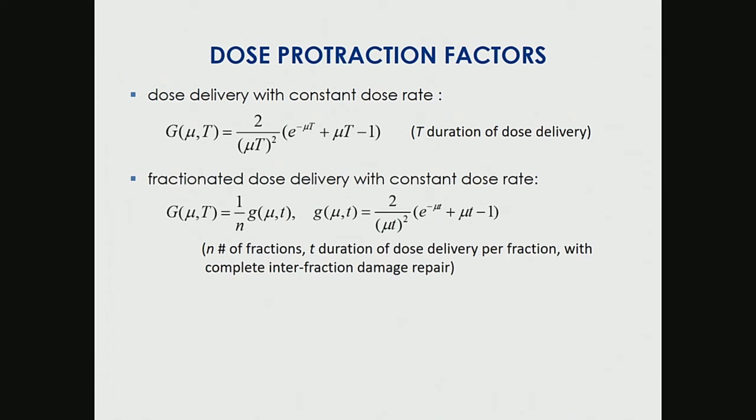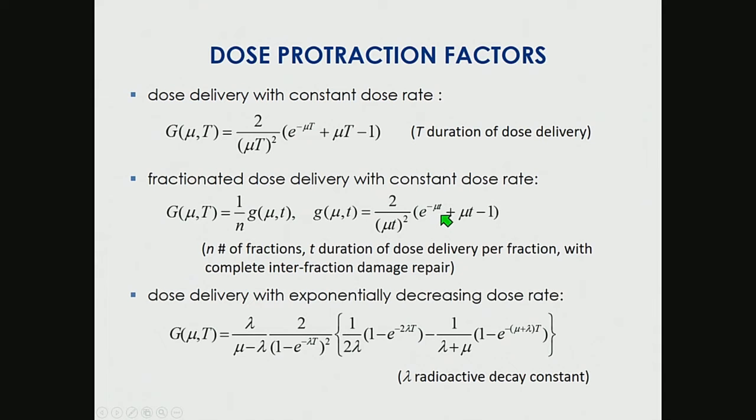And when we deliver it in a fractionated fashion, and the delivery time for each fraction is not instantaneous, then this dose protraction factor appears like this. We're going to talk about this in Wednesday's talk, and this in Tuesday's talk for HDR brachytherapy. This is for GYN brachytherapy biology. And we also showed this yesterday for LDR prostate brachytherapy.